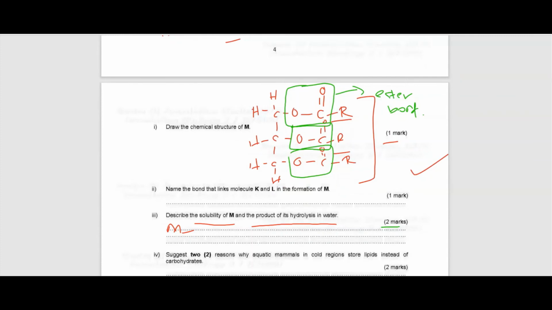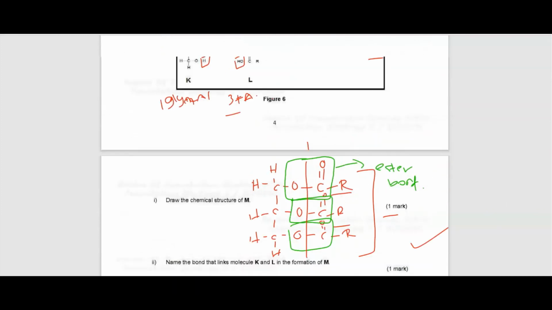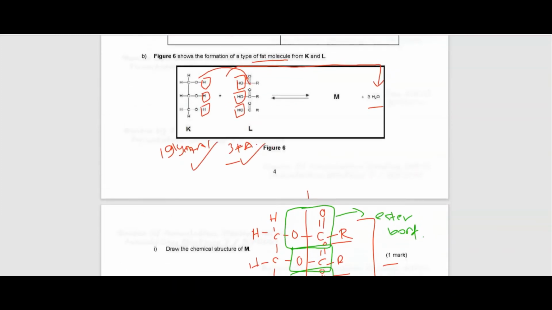What is hydrolysis? Hydrolysis is the process where the molecule undergoes a reaction that breaks the bond and requires water molecule. Lysis means break. Hydro means that the reaction requires water molecule. So you want to break the triglyceride again to produce back its components, which are fatty acid and glycerol.